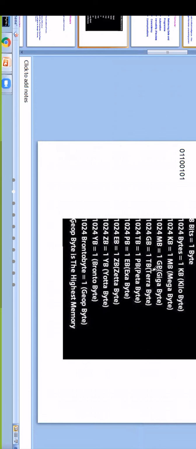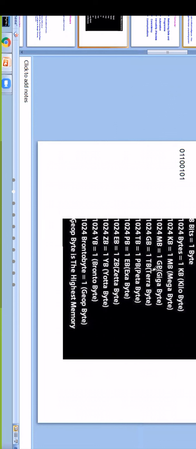When I combine 1024 terabytes, it forms 1 petabyte. When I combine 1024 petabytes, it forms 1 exabyte. 1024 exabytes form 1 zettabyte. 1024 zettabytes form 1 yottabyte. 1024 yottabytes form 1 brontobyte.